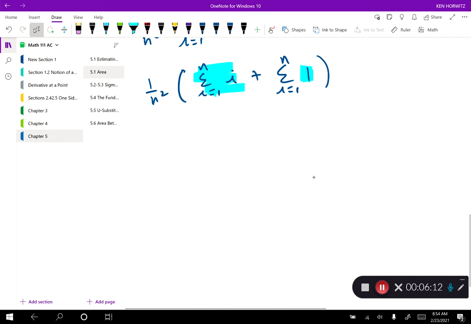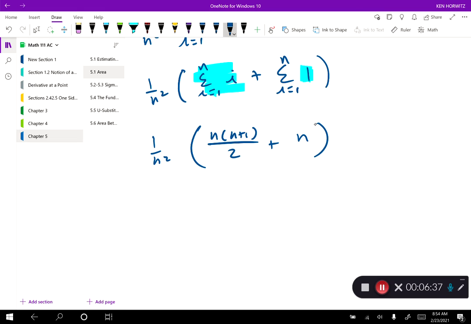All right, so if we substitute in our formulas, I get 1 over n squared times n times n plus 1 over 2, plus that one would just be plain old n. All right, and we're pretty much where we need to be.